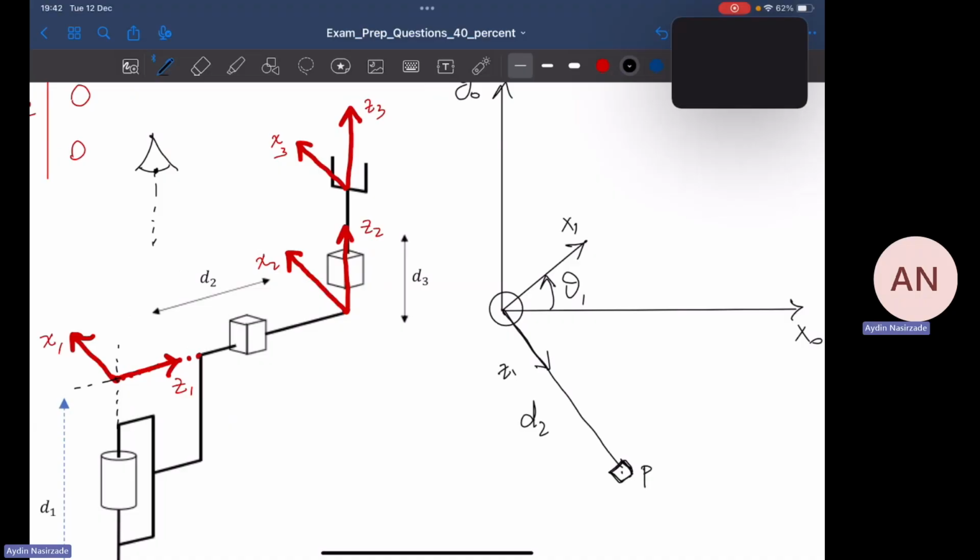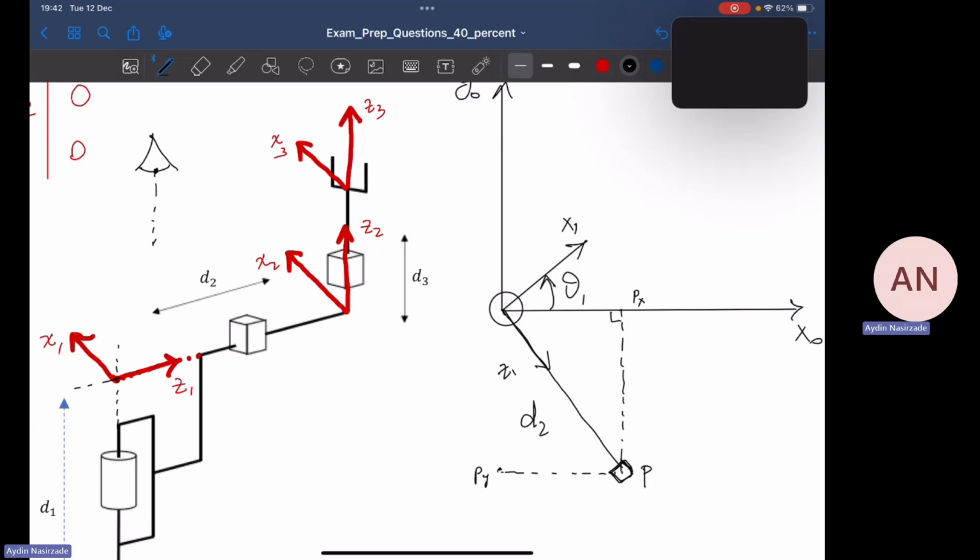Now we have this triangle, right? It's PX. Now this is PY.